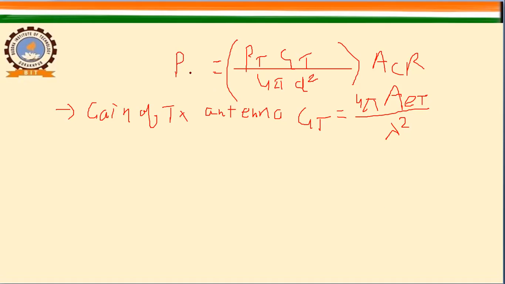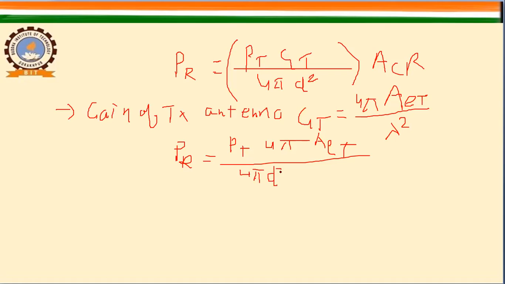Putting this gain into the equation, you can see 4 pi A_eT, the effective aperture of the transmitter, divided by 4 pi d square lambda square, and the product of the effective aperture of the receiver.